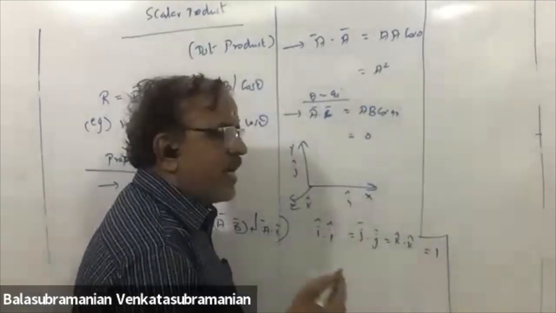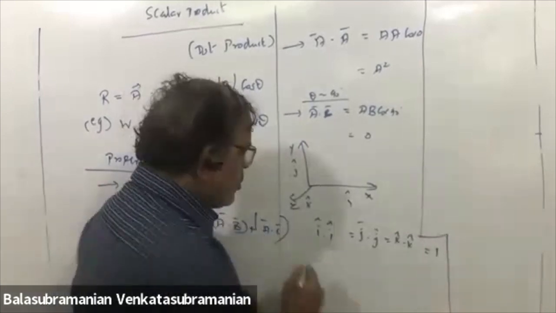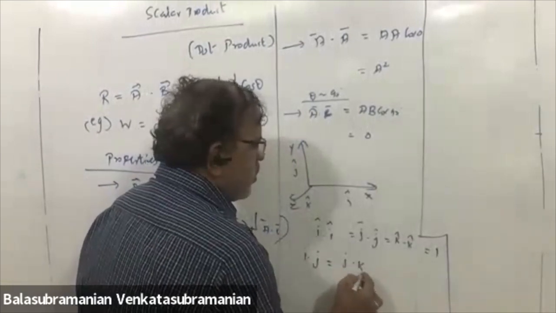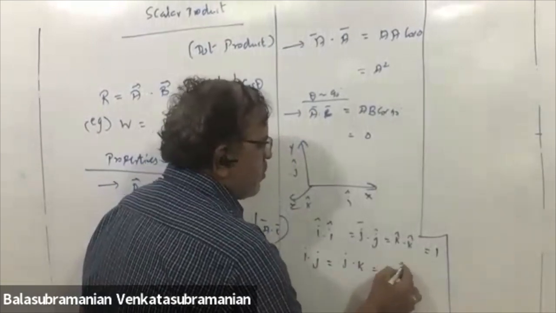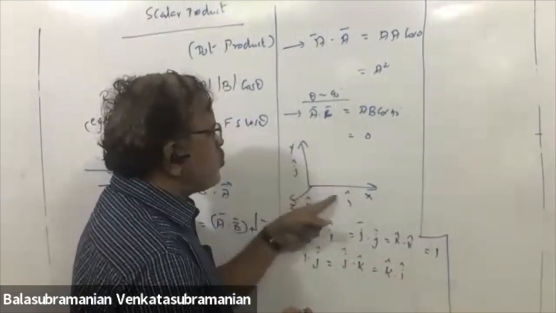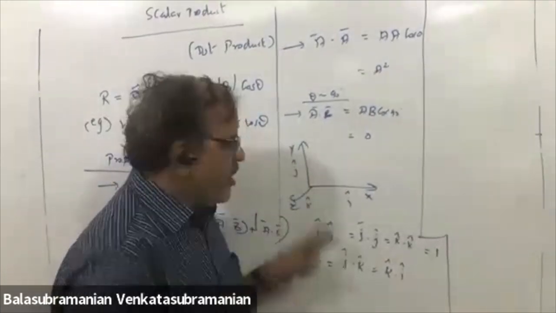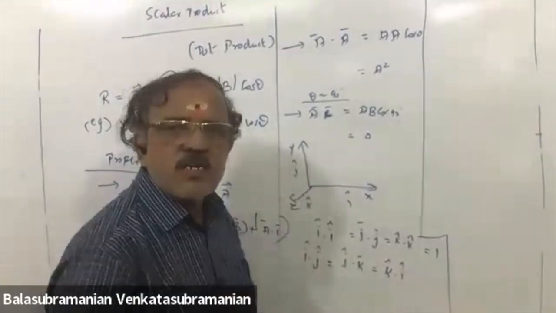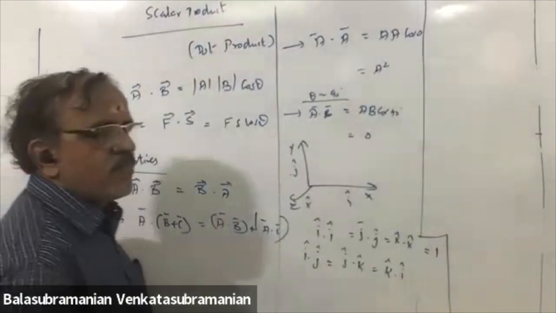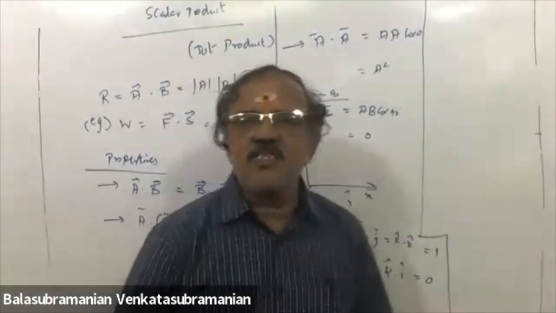I dot I, J dot J, K dot K, the value is 1. Suppose I dot J, J dot K, K dot I: these are perpendicular. So the formula says AB cos theta, cos 90 is 0. So the resultant is 0.